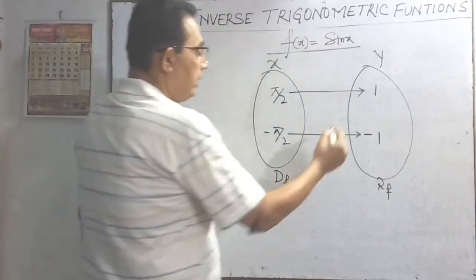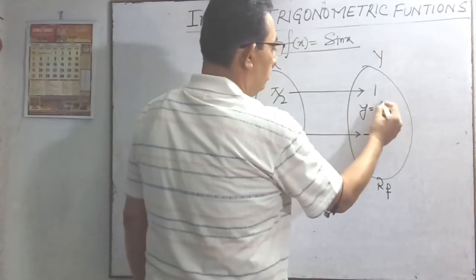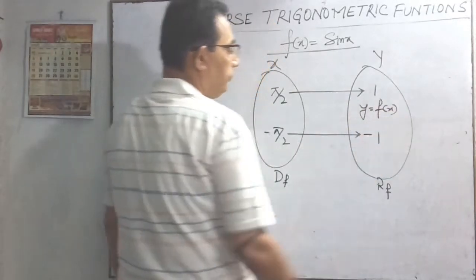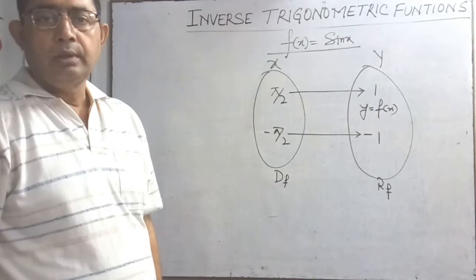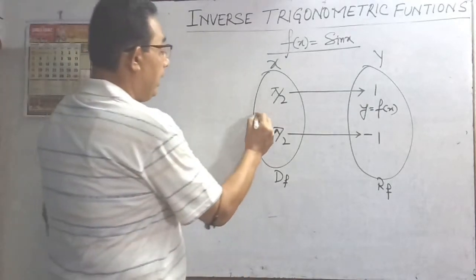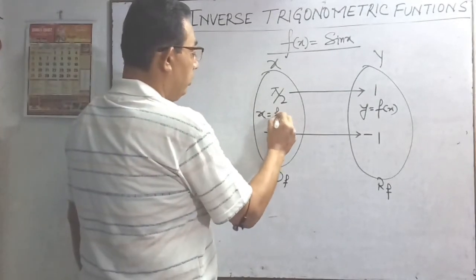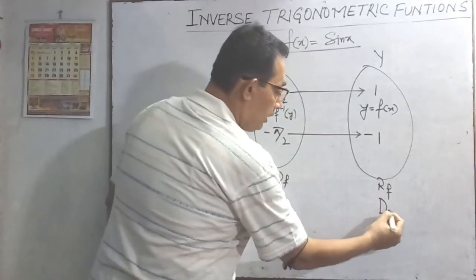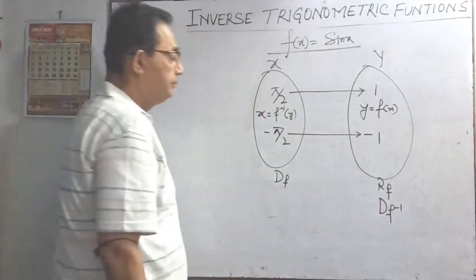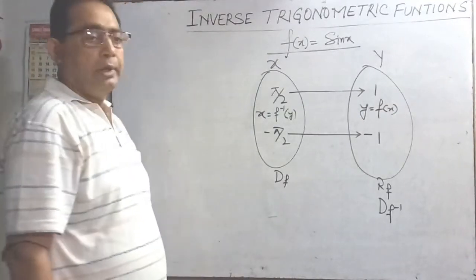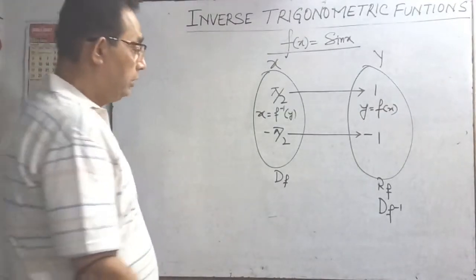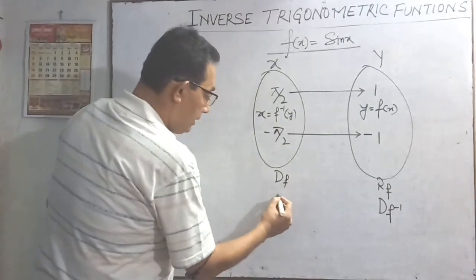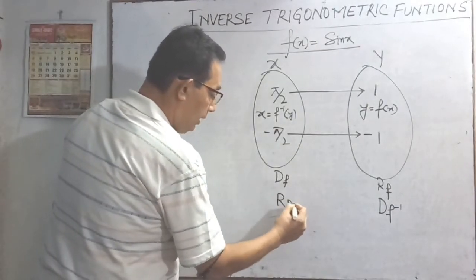Now, it is y equal to f(x). Now, x equal to f inverse of y. It is domain of f dash, and it is range of f dash.